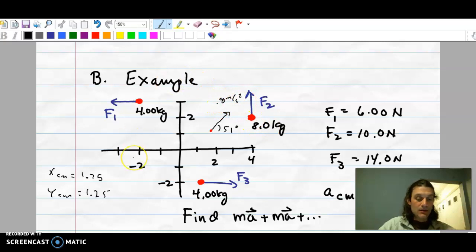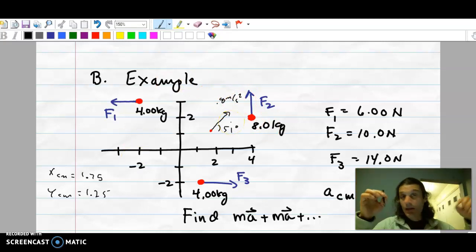So all 3 of those, even though none of them are moving in that direction, add up to what the mass whole does, move in that direction, 51 degrees at 0.8 meters per second squared. So it's kind of neat to trace what that center mass does.